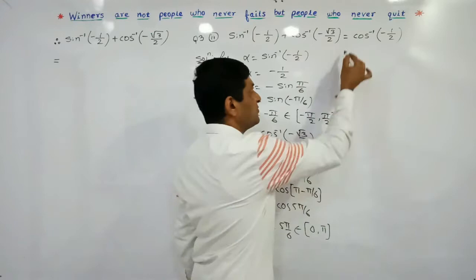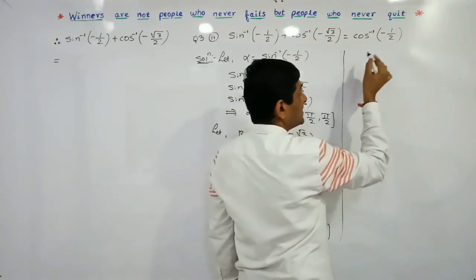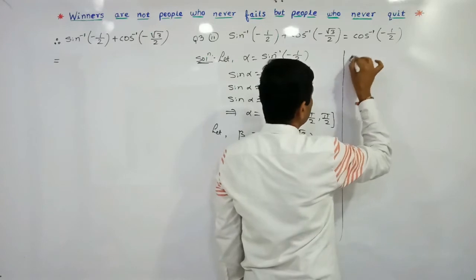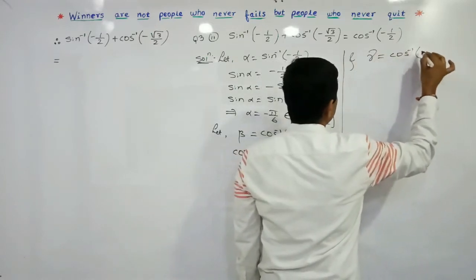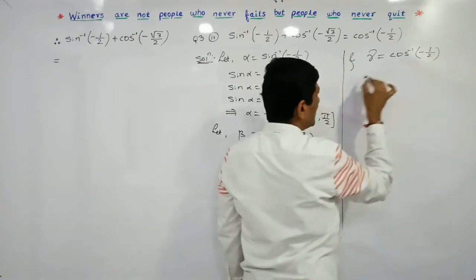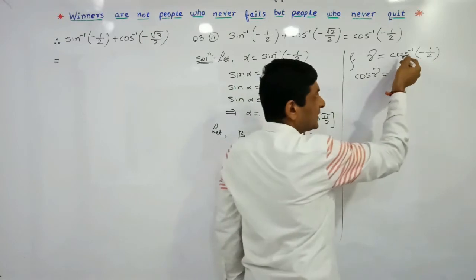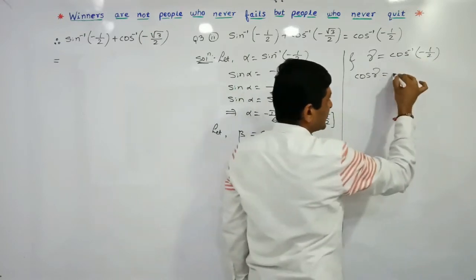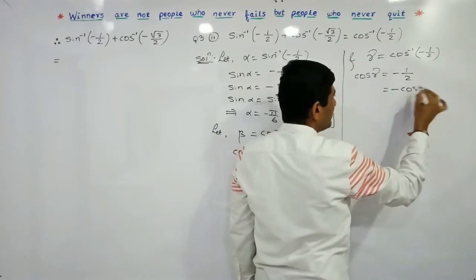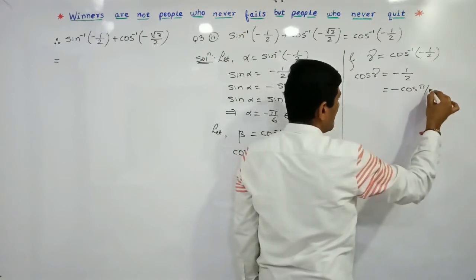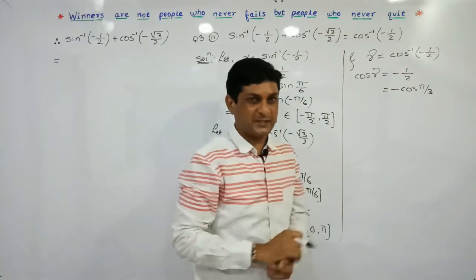Lastly, let us try to find the value of cos inverse of minus 1 by 2. I am denoting it by gamma. So gamma is equal to cos inverse of minus 1 by 2. Taking cos on both sides, on this side we will get cos gamma, and on the other side cos and cos inverse will get cancelled, the remaining term is minus 1 by 2, minus, keep it as it is. 1 by 2 is nothing but the value of cos pi by 3, which equals cos 60.